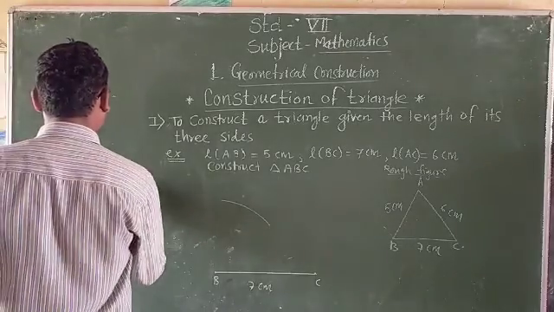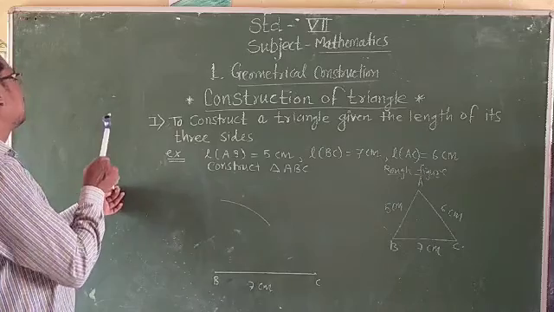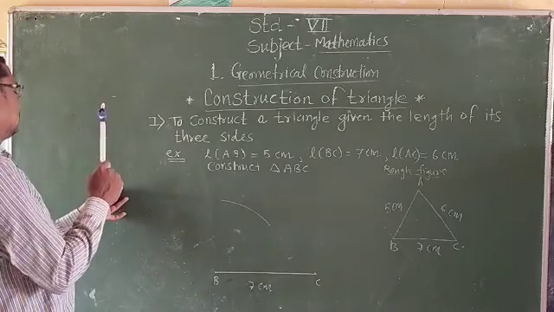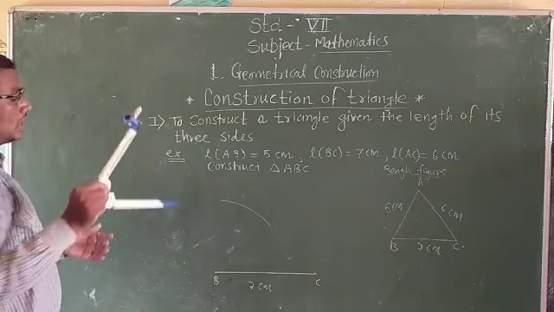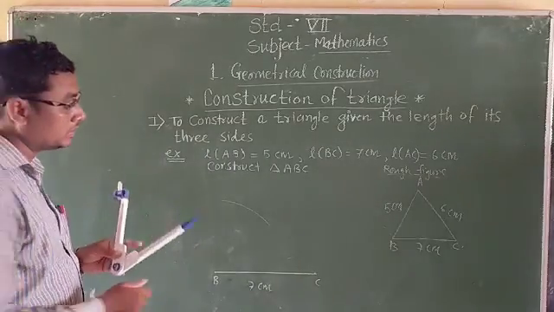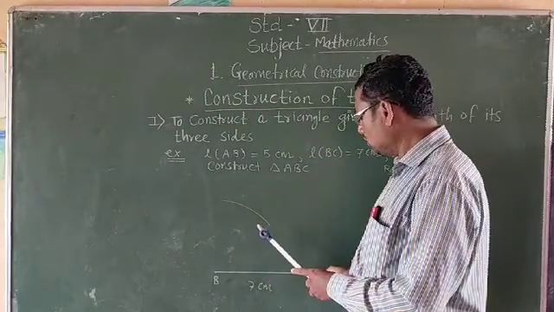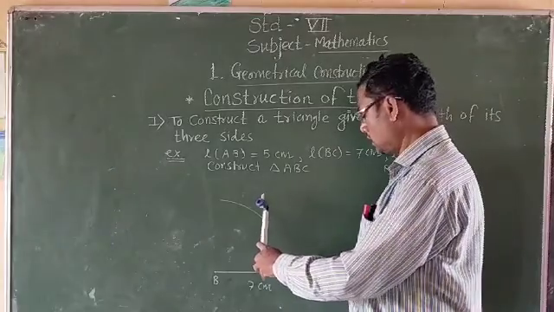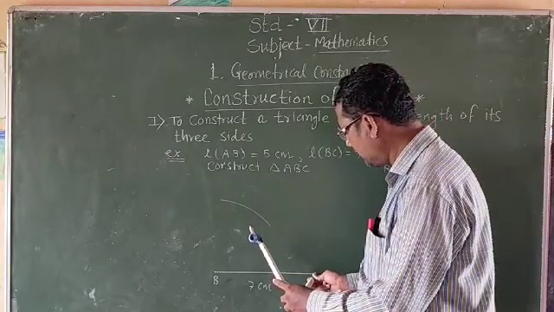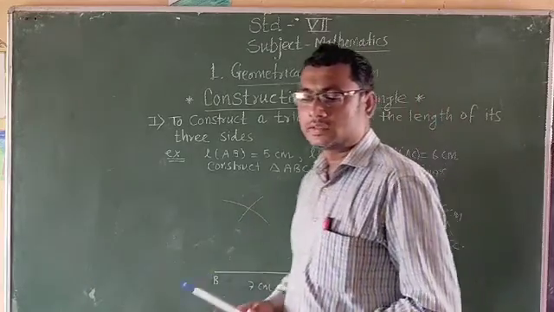Suppose this is a 5 centimeter. Look here, this is a 5 centimeter arc. So from the point C, mark the arc of how much? 6 centimeter. Mark the arc of the 6 centimeter from the point C.